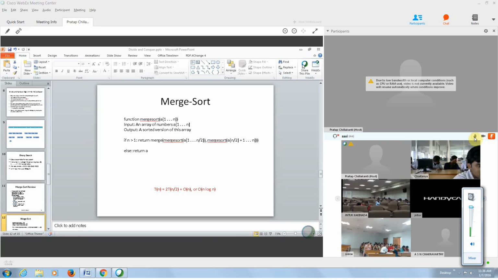You're breaking it down into two parts. At each level, you get 2T(n/2) plus you have to put them back together too. So that is the order of n, that's linear. If you add those two things mathematically in the big O notation that we talked about, it comes to n log n.